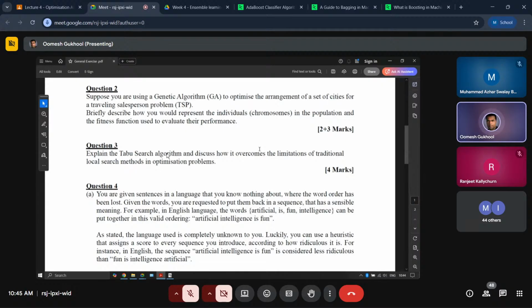How does it overcome the shortcomings of other traditional local search? Definitely, in taboo search, it tries as much as it can to avoid being stuck in local solutions. So it's going to do that through diversification. So it will diversify and intensify at some point in time.